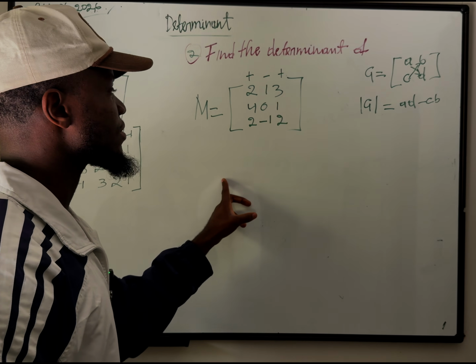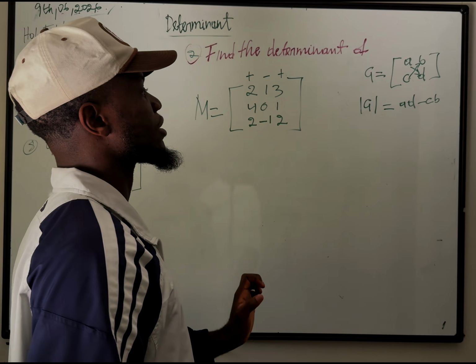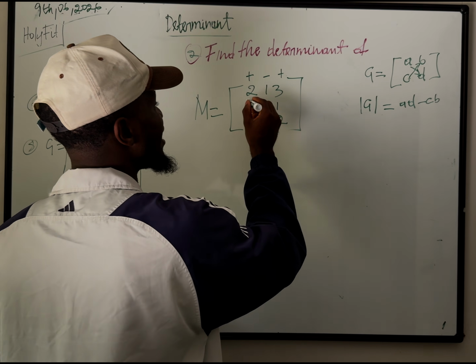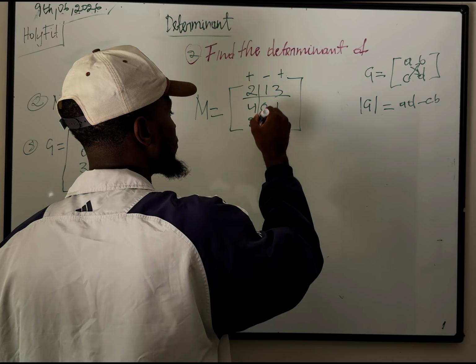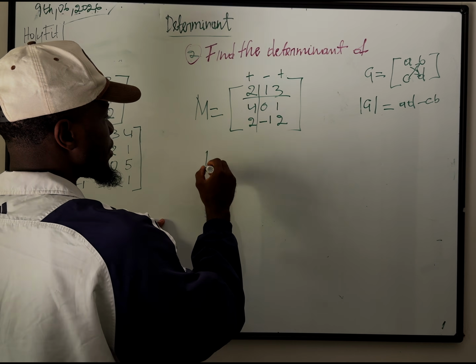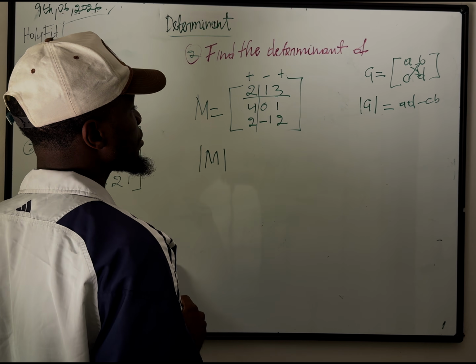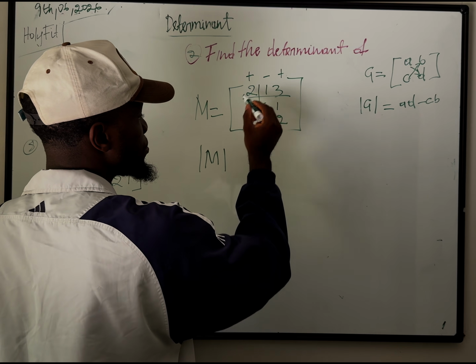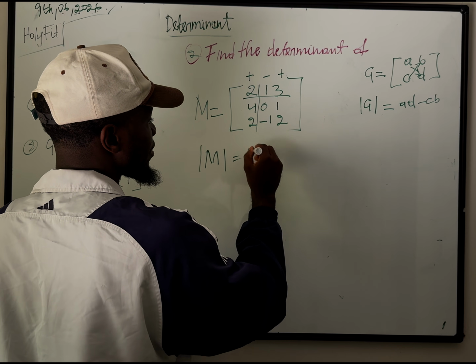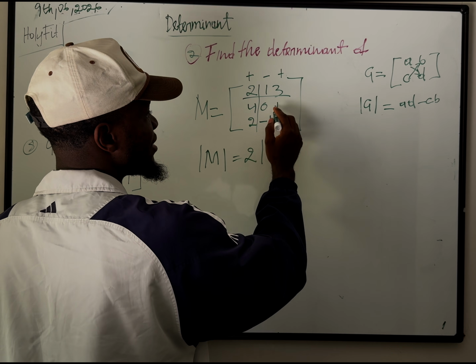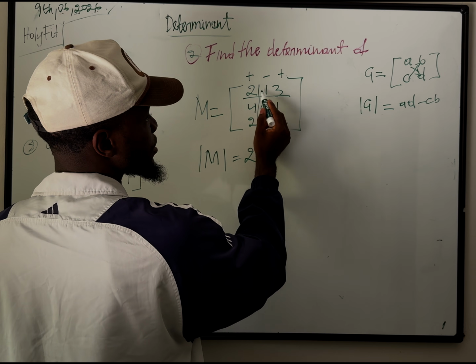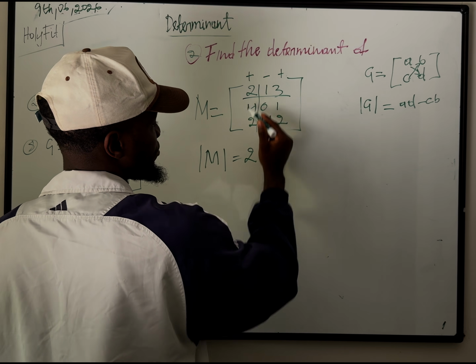So when we're trying to get this using the cofactor, it means if we select this column and this row, our determinant of M is going to be equal to 2 times the determinant of this, because we are excluding the first row and the first column.